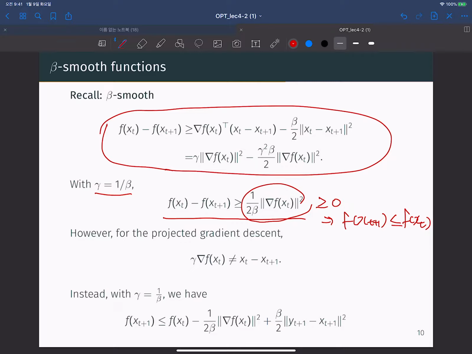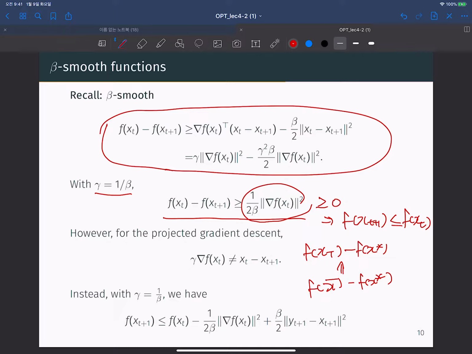That's why from the beta smooth function we can guarantee a bound on f(x_T) minus f(x star), instead of f(x bar) minus f(x star), which was the result for just the Lipschitz continuous case.